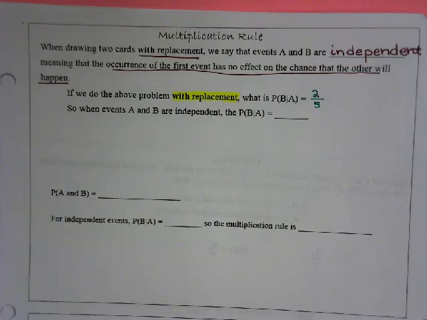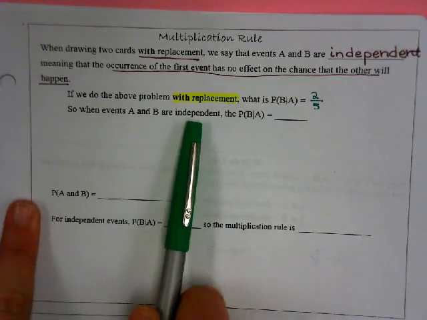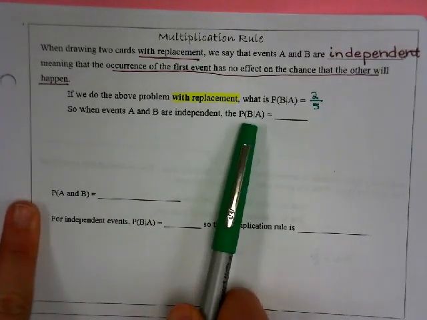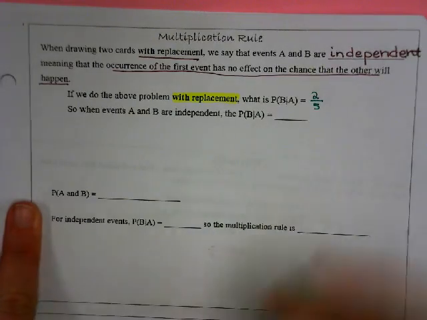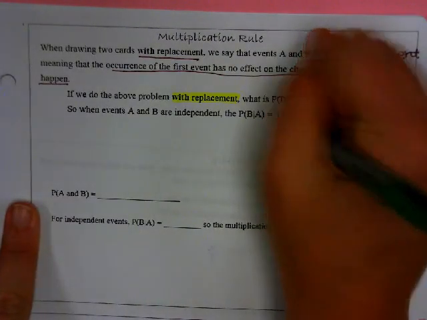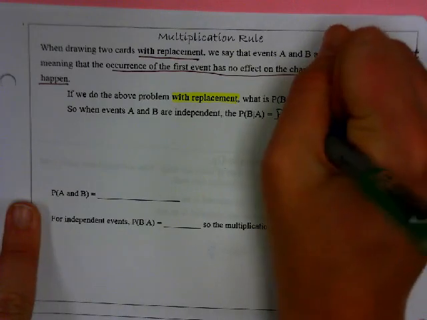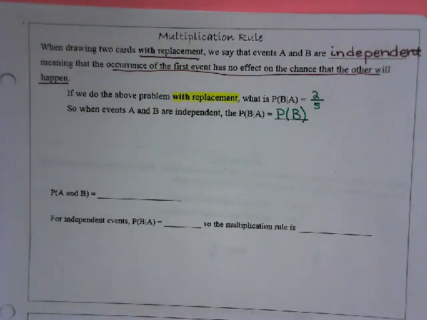So we know that events A and B are independent because the probability of B happening given A happened is the same as the probability of B happening whether or not A happens. So A happening had no effect on whether B happened.